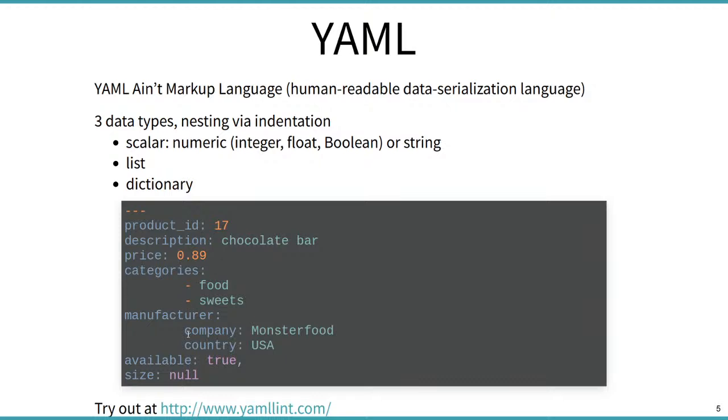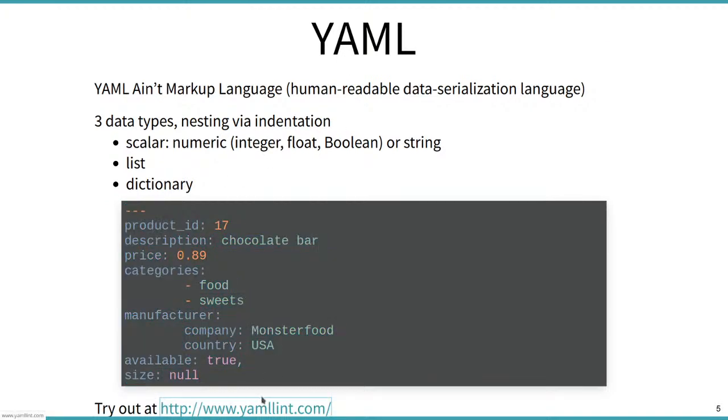If we would not indent these 2 rows here, then company and country would not be an entry for the manufacturer's dictionary, but it would be an entry of the main dictionary here.